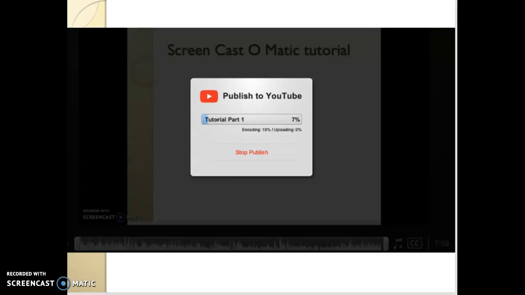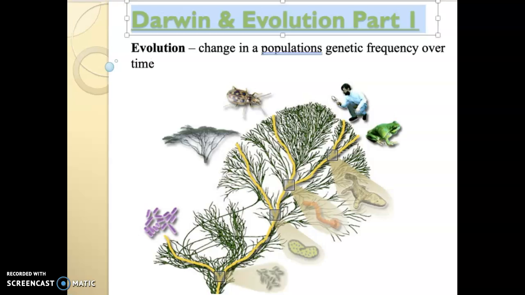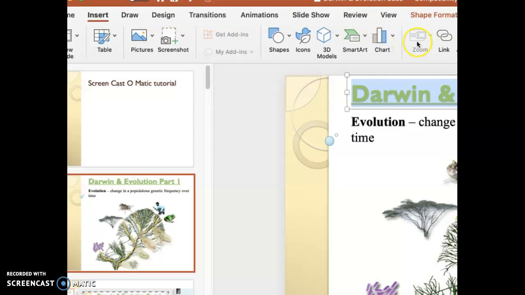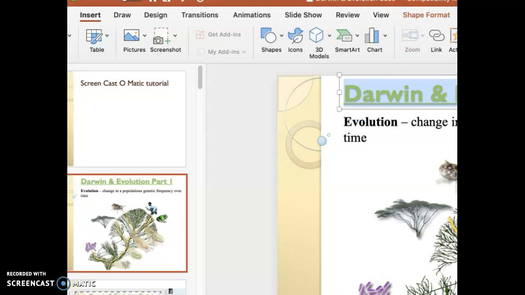You want to copy that, and then you want to come back to here, and you have that video link copied. What you need to do here is highlight your title or whatever you want to do for your video links. Go to Insert, go to Link. Let me move this over.